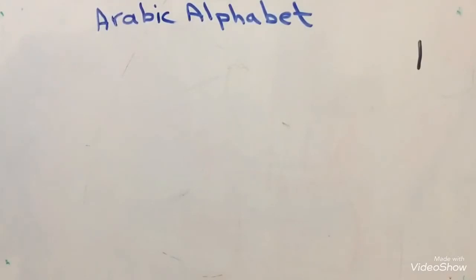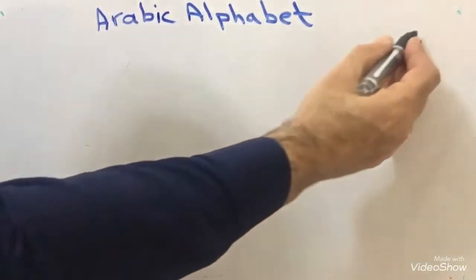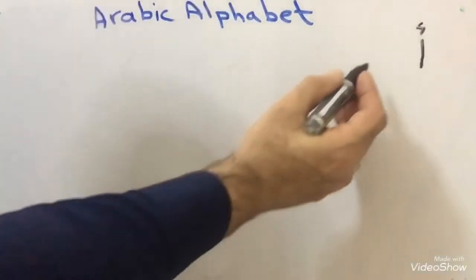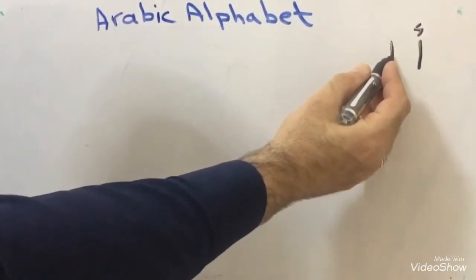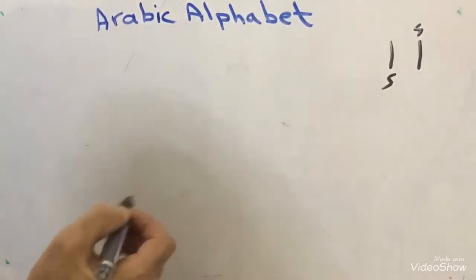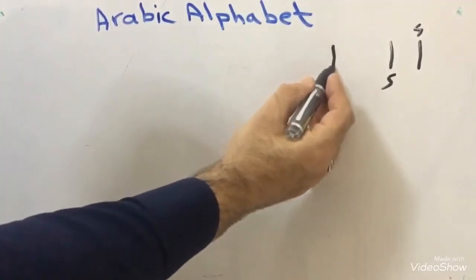Alif usually has Hamza over it or Hamza under it, or usually it has no Hamza.